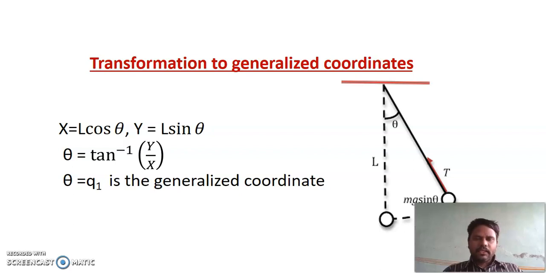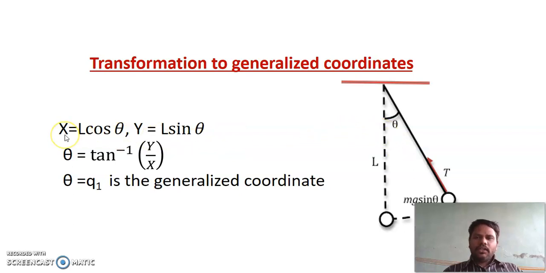Let us consider the motion of a simple pendulum. Generally, motion in a plane is described in Cartesian coordinates x and y. However, plane polar coordinates are a very good choice to describe simple pendulum motion.